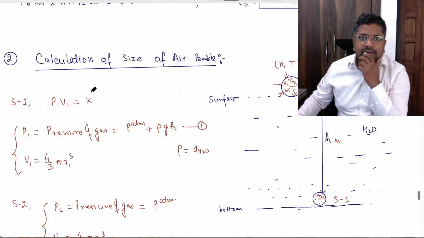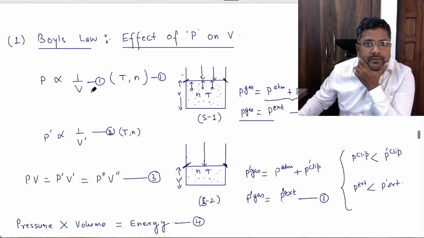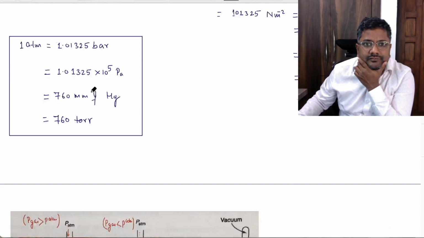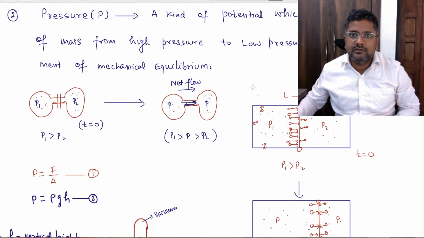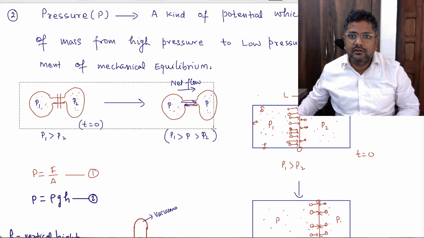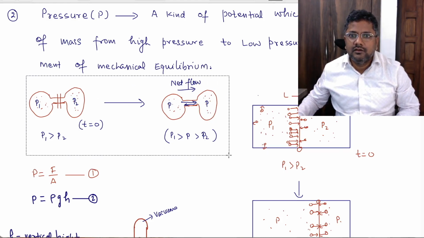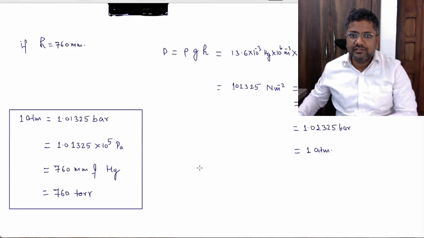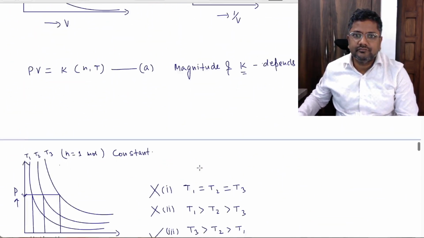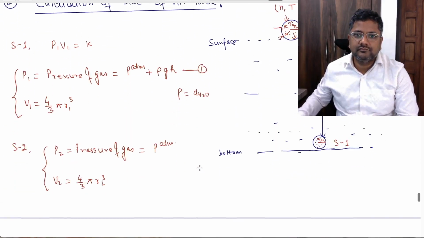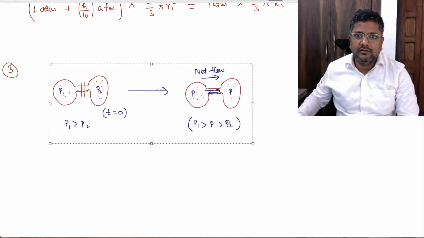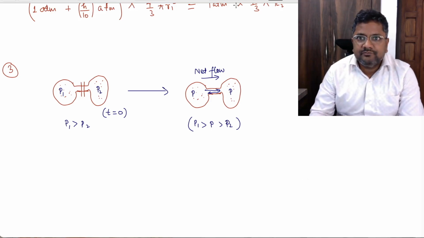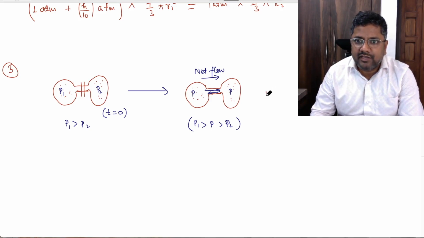Suppose this type of system is given, and it is asked to calculate the final pressure P here.